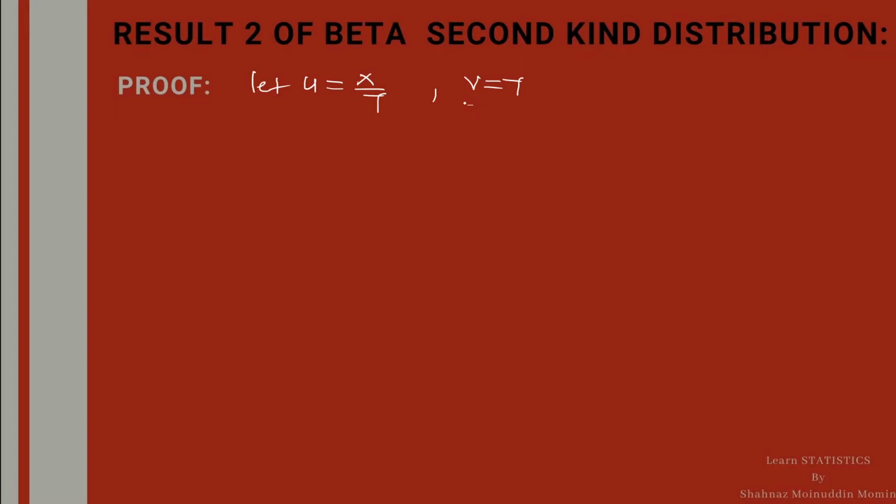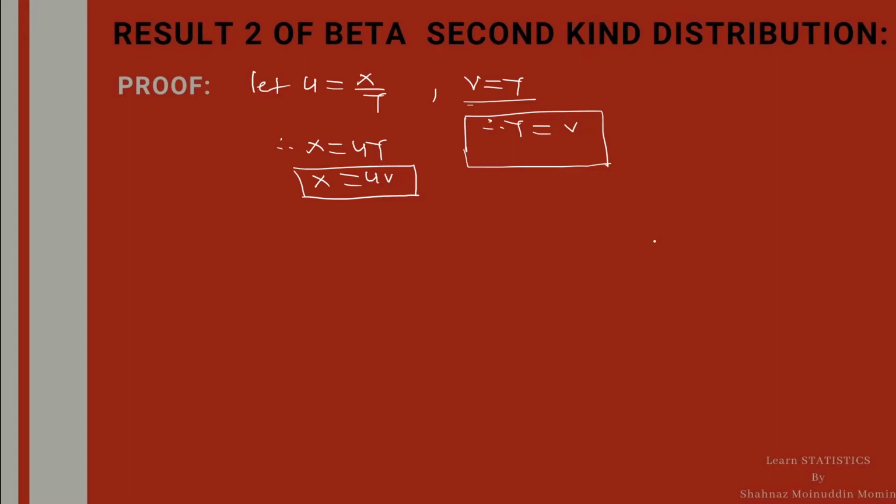So from this expression we get y equal to v, and x equal to u into y, and y is v, so it is u into v. These are the two relations of old variables x and y in terms of new variables u and v.